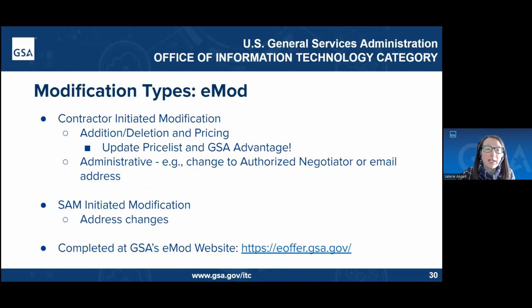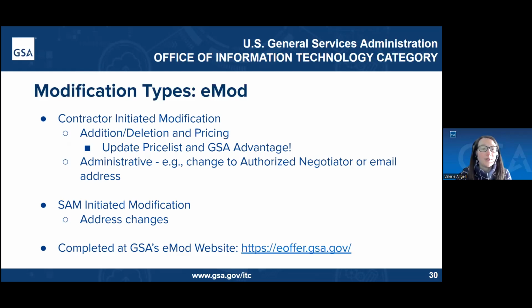Another type of eMod is administrative. So for example, a change to an authorized negotiator or a change to an email address. Other types of eMods could be technical, legal, terms and conditions. We talked about novations earlier. That's a type of eMod. So an eMod is required to make a change to your contract.